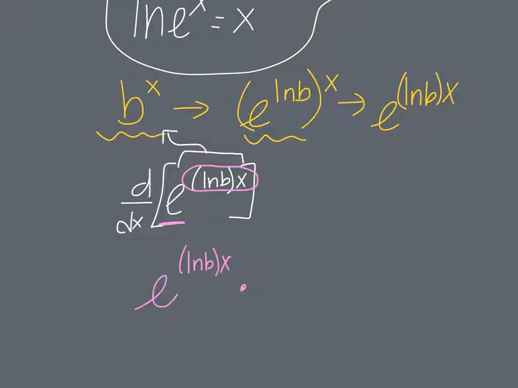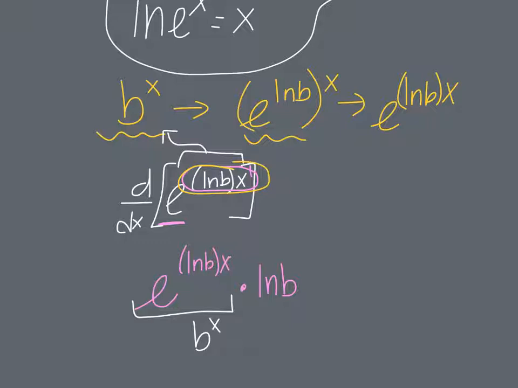And then I have to do the chain rule, so I'm going to do times the derivative of the circled part up here that I just circled again in yellow, and the derivative of that is just the natural log of b, because natural log of b is a constant, and I would multiply the 1 that's on the x down, and then the x would end up going away. And then remember that this right here is actually the same thing as just b to the x.